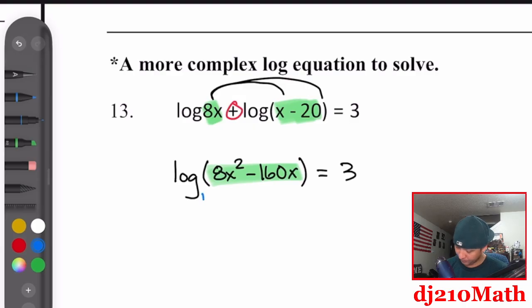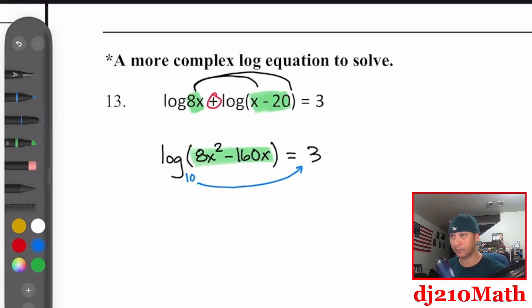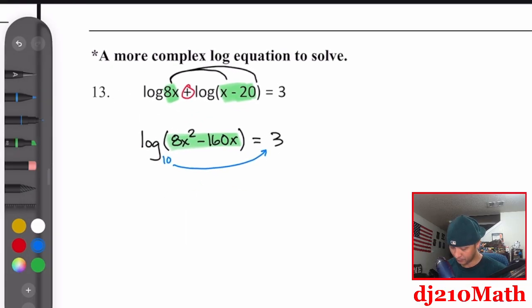Okay. We know that this is base 10. We know it. So 10 to the 3rd power is equal to 8x squared minus 160x.